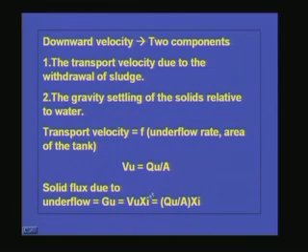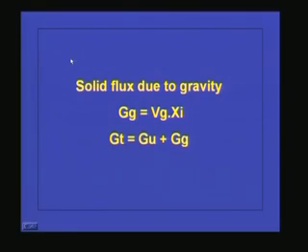Xi is the concentration of the sludge present in the tank, Qu is the flow rate, and A is the area of cross section. And the solid flux due to gravity we can calculate using Gg is equal to Vg into Xi, where Vg is the velocity because of gravity. So, the total solid flux Gt is equal to Gu plus Gg.